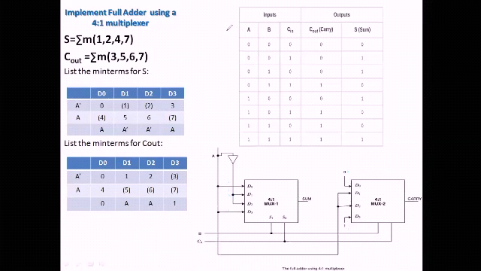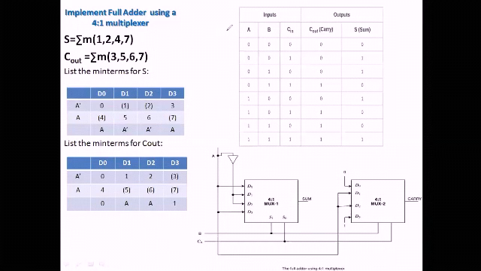That is how to design a full adder circuit using a 4:1 multiplexer. Similarly, like this only, we have to design a full subtractor using a 4:1 multiplexer. Here, what will be the difference? The difference will be the truth table, and obviously the outputs.